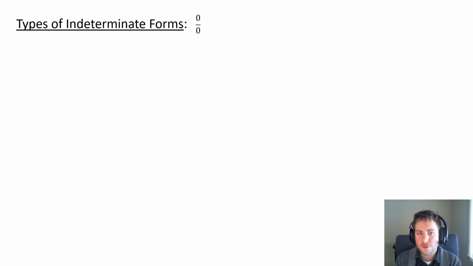It turns out 0 over 0 isn't the only type of limit that we consider as indeterminate, so let's make sure we're aware of all the other possibilities. Other indeterminate limits include infinity over infinity, 0 times infinity, infinity minus infinity, 0 to the power of 0, 1 to the power of infinity, and finally, infinity to the power of 0.